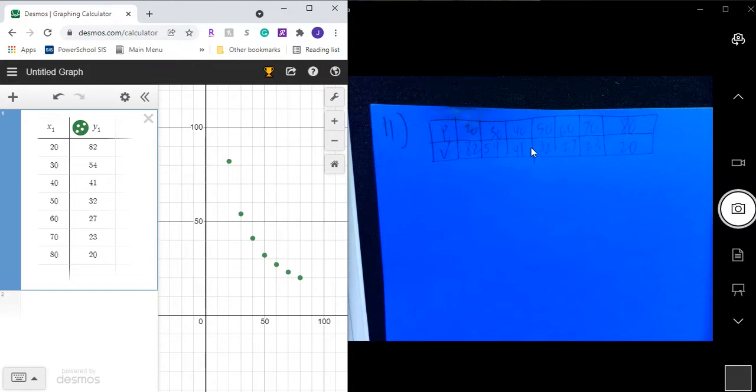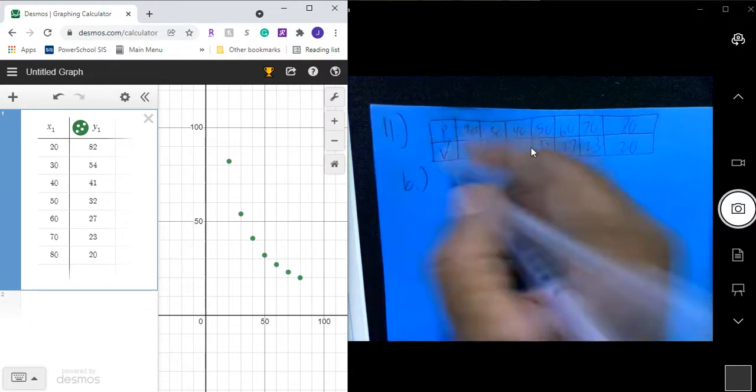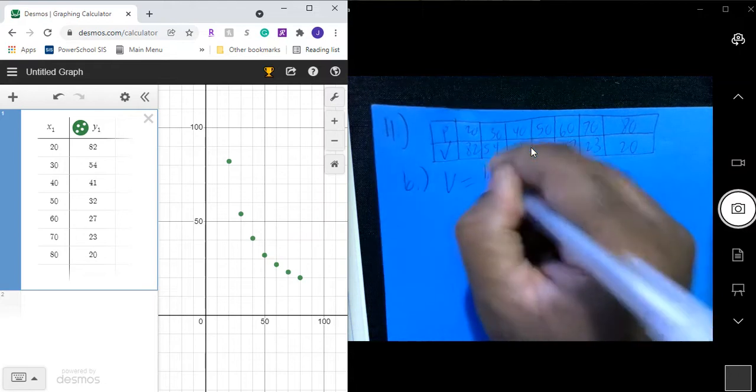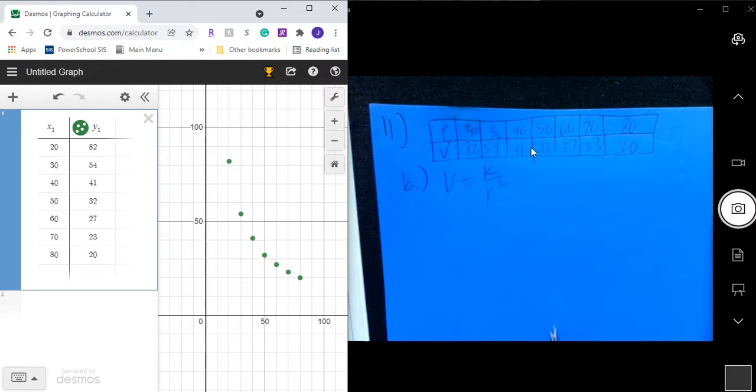Now 11b says one possible model for the data is that v varies inversely as the square of p. Does the data fit the model v equals k over p squared? Explain. Okay, so they give us the model v is equal to k over p squared.